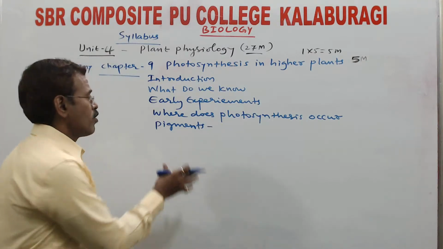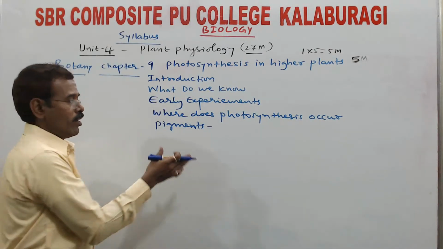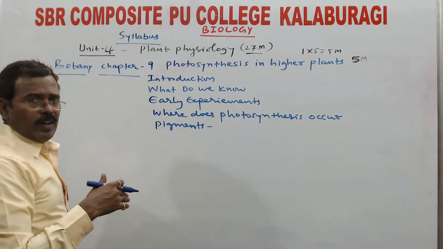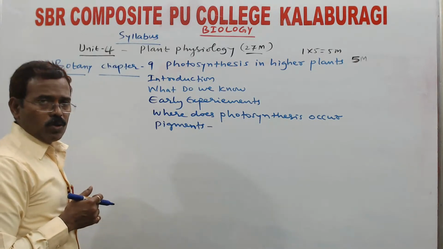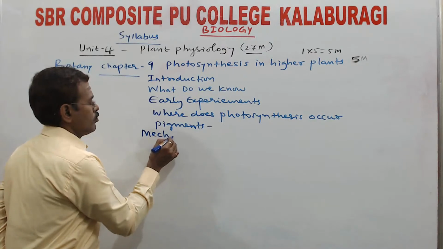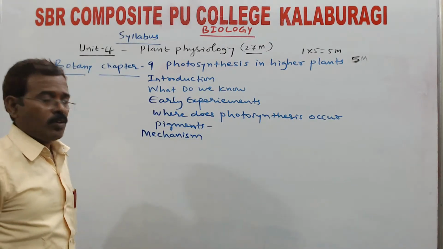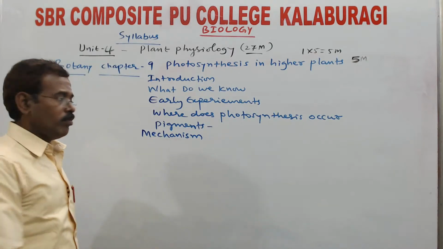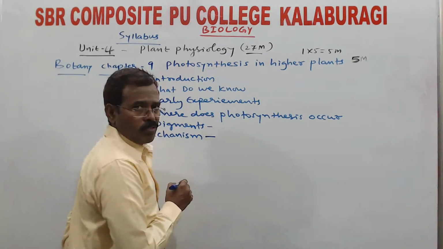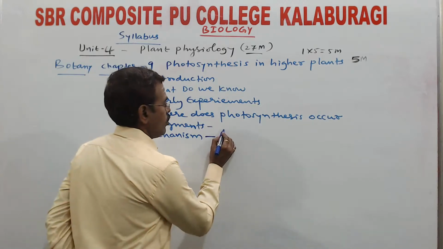We learn about photosynthetic pigments. Then we learn about the mechanism of photosynthesis. So the mechanism involves two main reactions or phases.